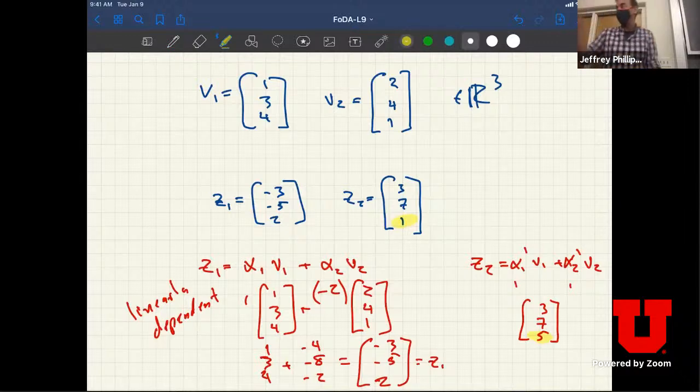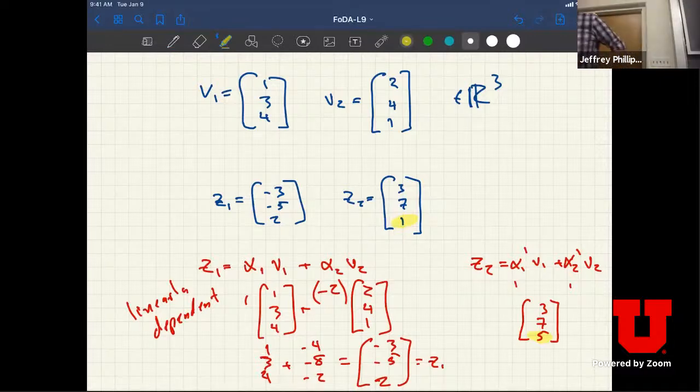So I matched the first two, right? Maybe I could try making alpha 1 smaller and alpha 2 bigger, and they could maybe cancel out. But if I trade off, the last one is always going to be wrong. So I can't set alpha 1 and alpha 2 any way to get all 3 coordinates to match at the same time.